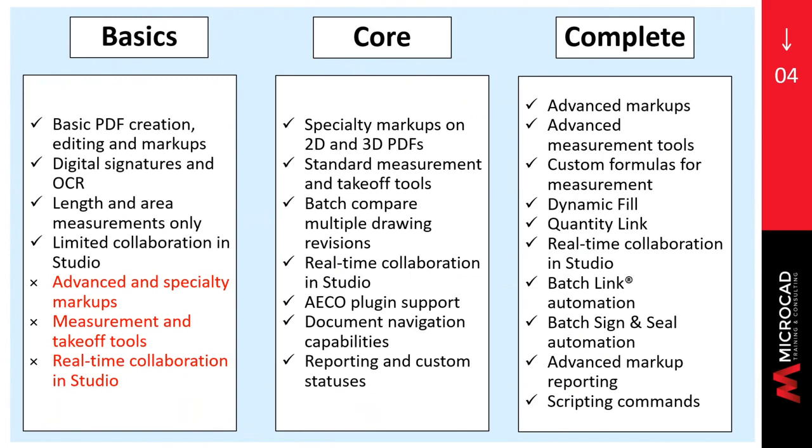The basics option is going to give us the basics when it comes to editing your PDF, having access to collaboration in the studio, doing basic measurements, and a couple of building elements, with the exclusion of advanced and specialty markups, measurements and takeoff tools that are a little bit more advanced, and real-time collaboration with Studio. Those are not available with the basics.